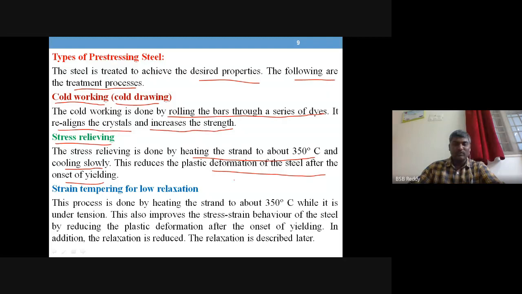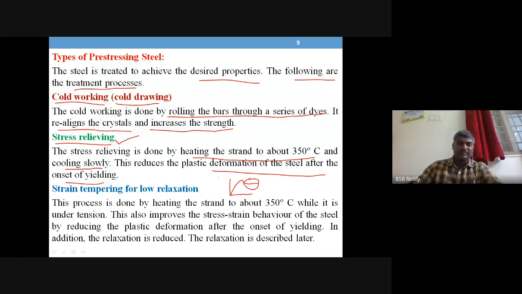We know that after yielding of steel, there will be plastic deformation. Plastic deformation will be reduced if this process is done.